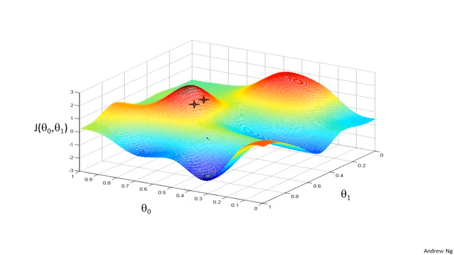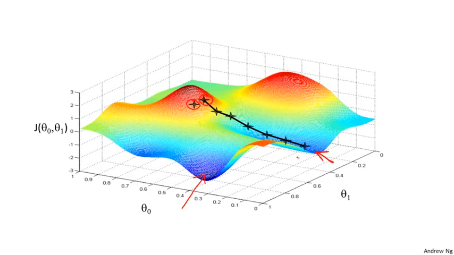If you were to repeat this process, starting from that point, looking all around, and taking a little step in the direction of steepest descent, then looking around, taking another step, and so on, gradient descent would have taken you to this second local optimum over on the right. So if you had started at the first point, you would have wound up at that local optimum, but if you started at a slightly different location, you would have wound up at a very different local optimum. This is a property of gradient descent that we'll say a little bit more about later.